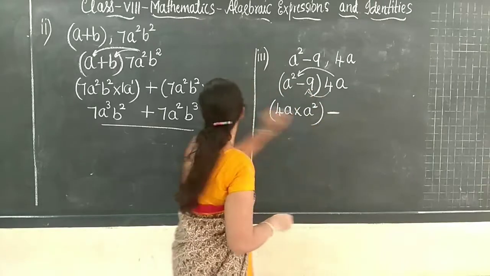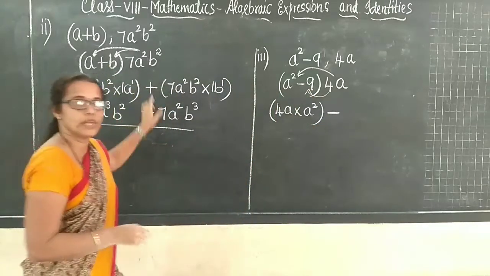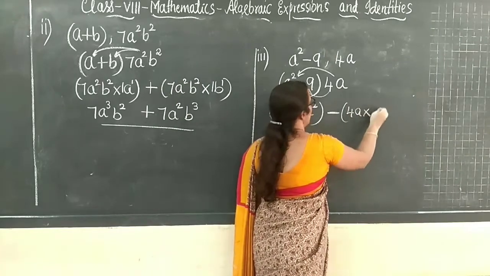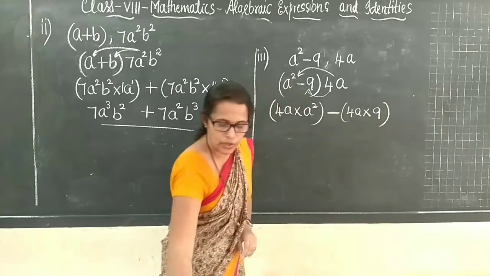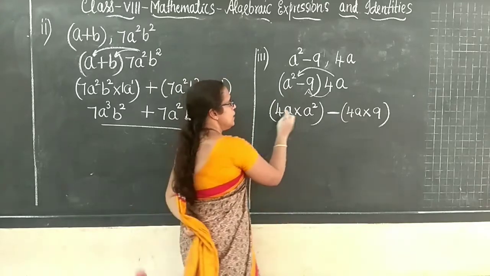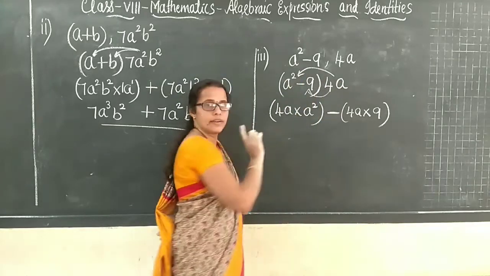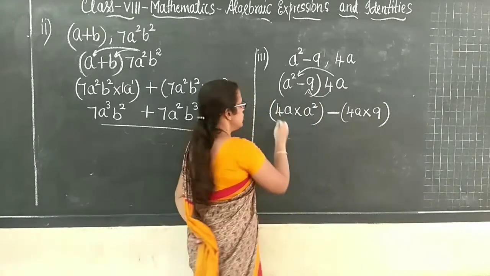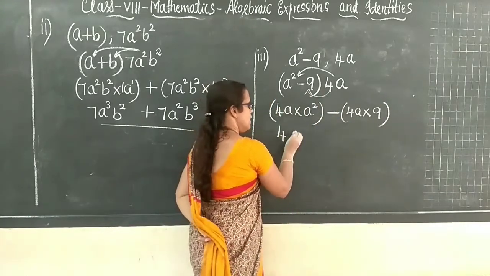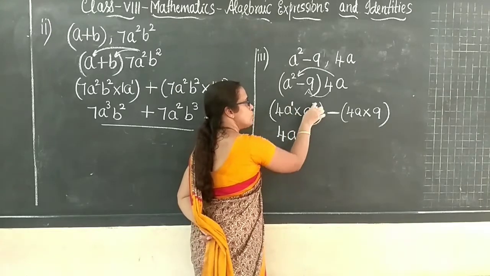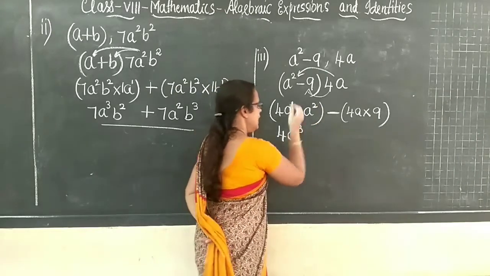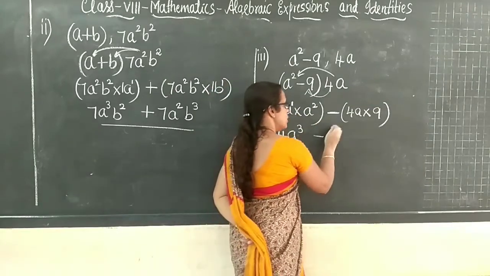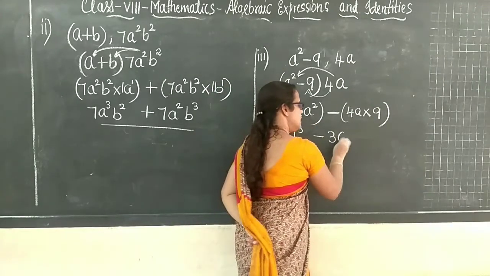If minus, it means minus; if it is plus, it means plus. So minus 4a into 9. So then multiply 4a into a square, then minus 4a into 9. 4 ones are 4. a 1 time plus 2 times, totally 3 times. So a 3 times. Minus 4 nines are 36.